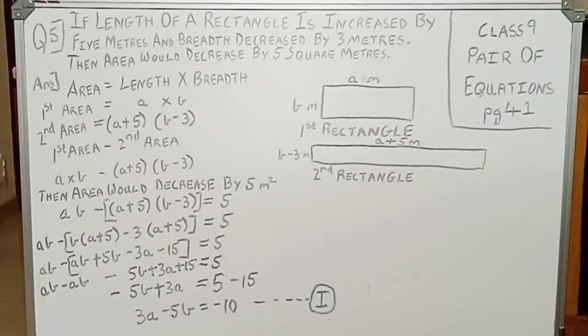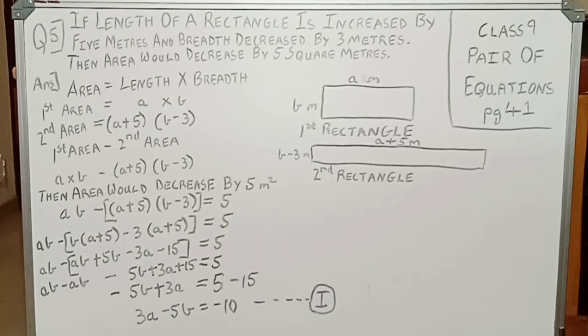So b into a plus 5, minus 3 from the second term, b minus 3, that minus sign will come, minus 3 into a plus 5. So a plus 5 and a plus 5, you can see it is common: b into a plus 5 minus 3 into a plus 5.